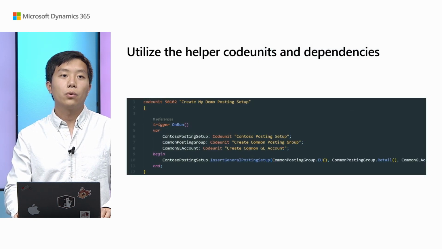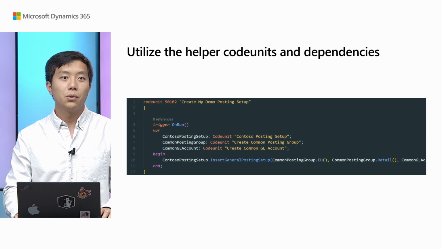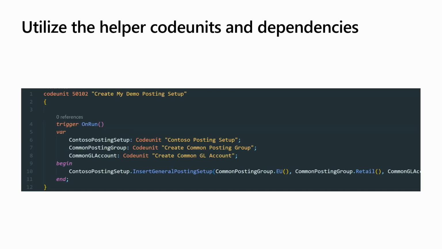While you are implementing the interface, we provide some helper codeunits to help you speed up the process. For example, as you can see here, we are creating one line of general posting setup in one line of code. That's because we created a set of helper codeunits to help you focus on your scenario, so you don't need to worry about populating which field in which table.